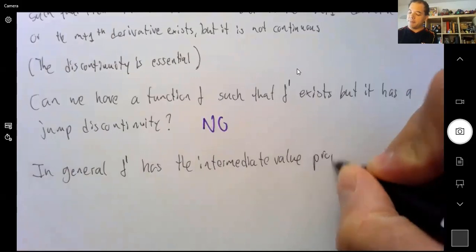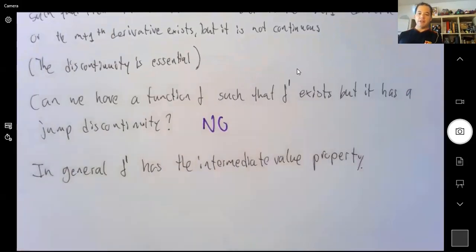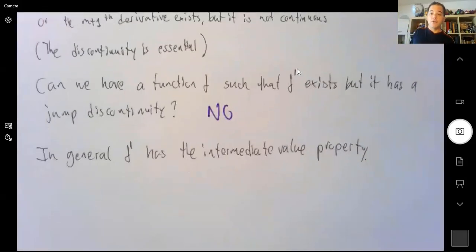Remember what this property means? It means satisfying the conclusion of the intermediate value theorem, meaning if you achieve one value and another one, one bigger than the other, then you achieve anything in between, right?